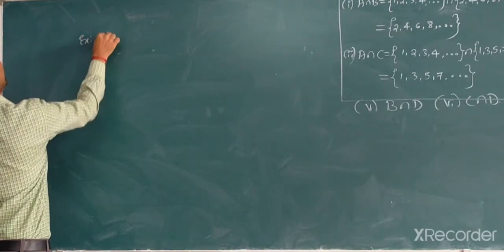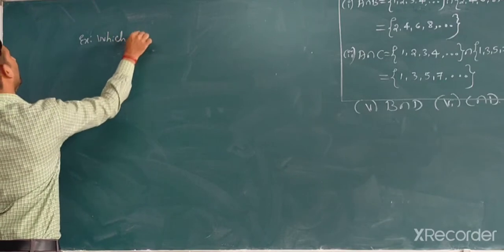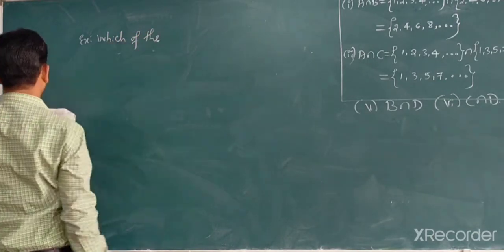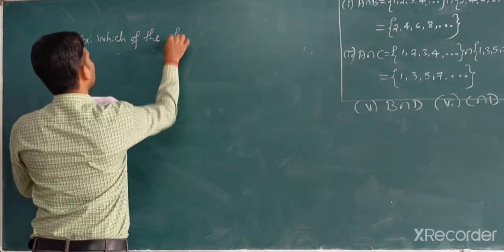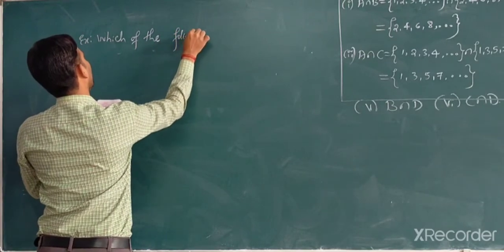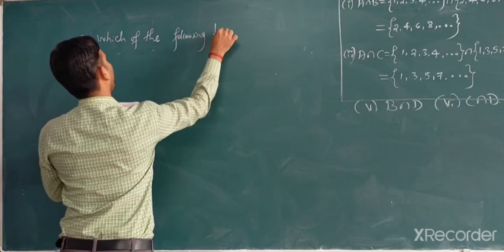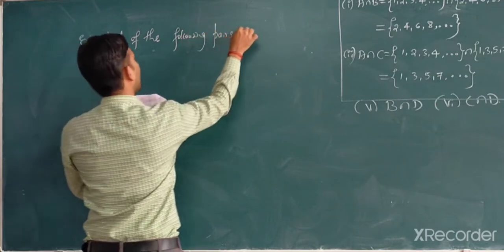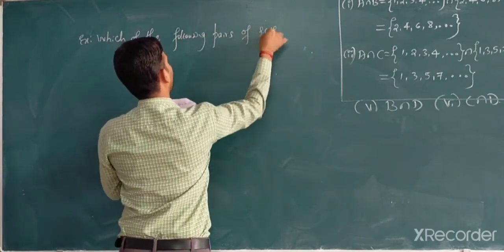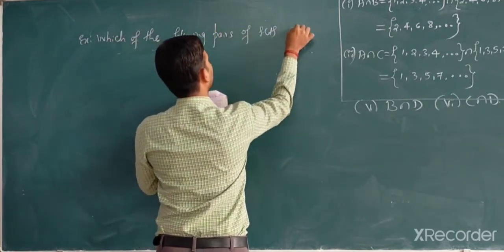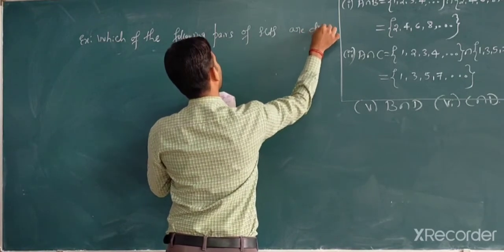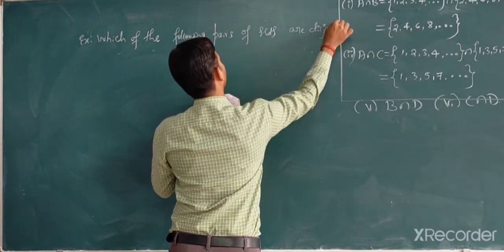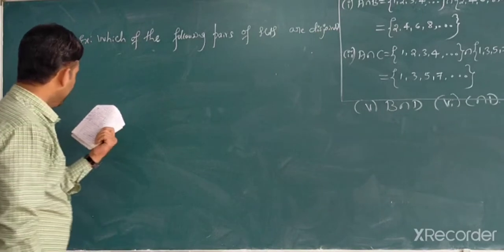Example: which of the following pairs of sets are disjoint? Following sets are disjoint.